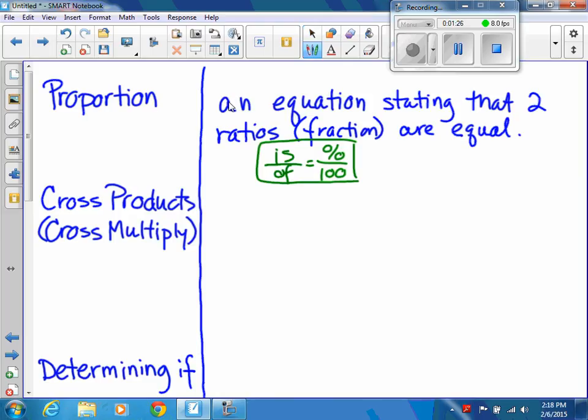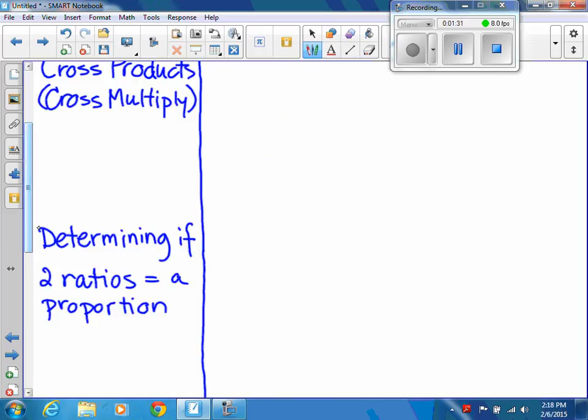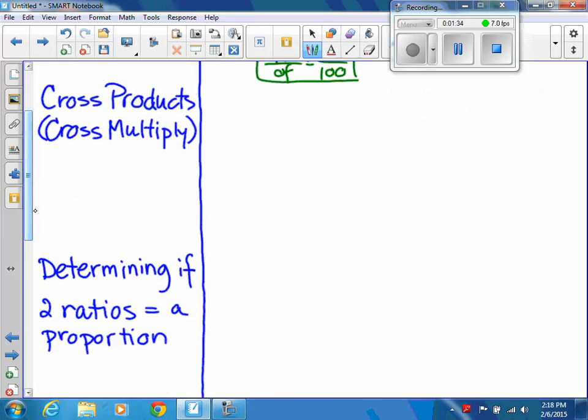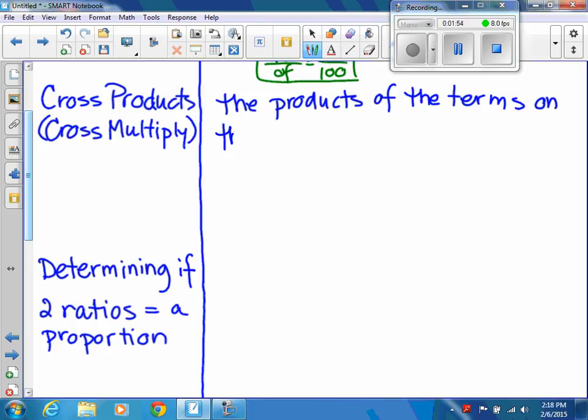All right, cross products. You might have also heard this as cross multiply. That's how I've always said it growing up. But what we're talking about here is the products of the terms on the diagonals when two ratios are being compared.